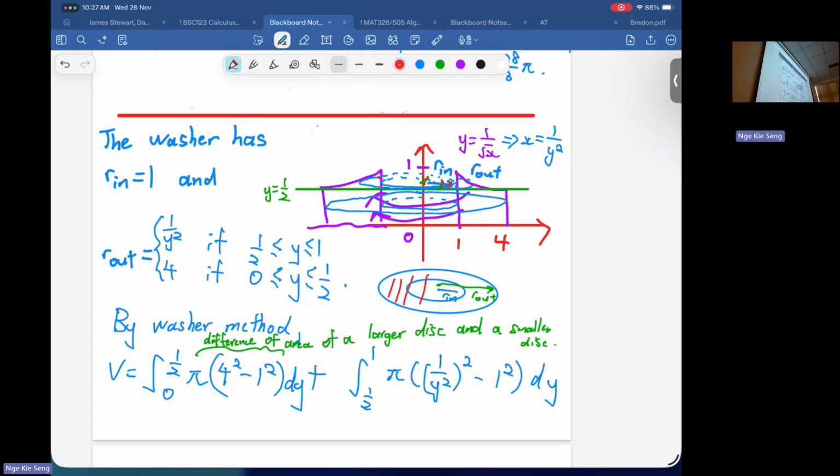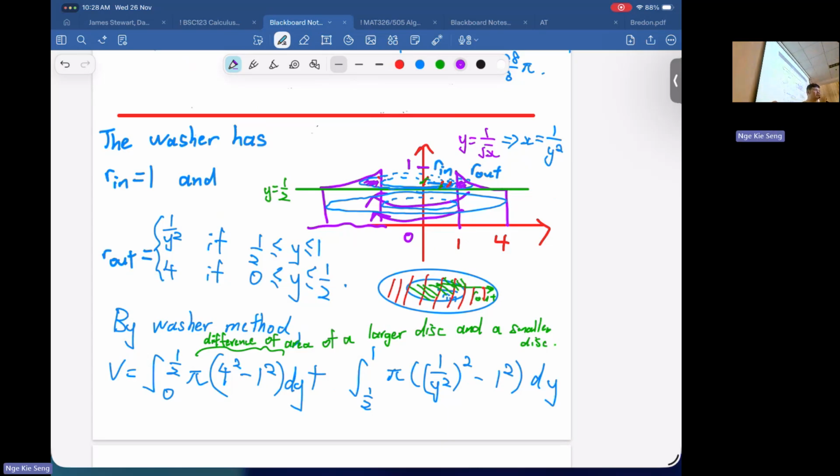You take the larger circle, take away the smaller circle. The area of the larger minus the smaller, then you get something else. What you integrate over is somewhere around this, at every level you integrate.